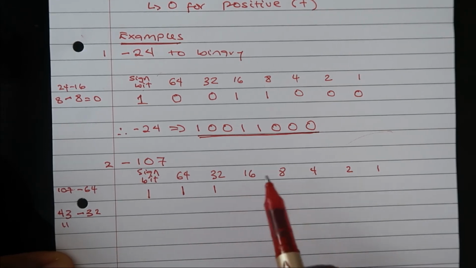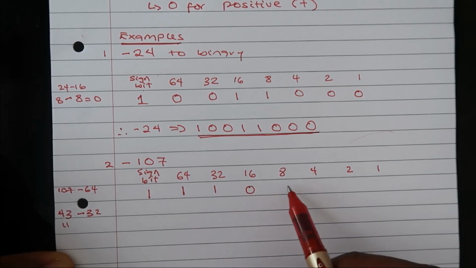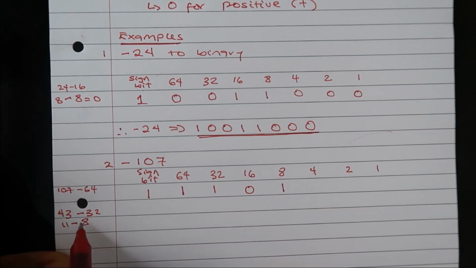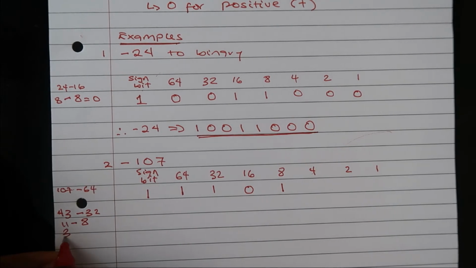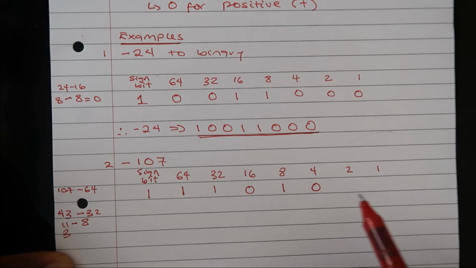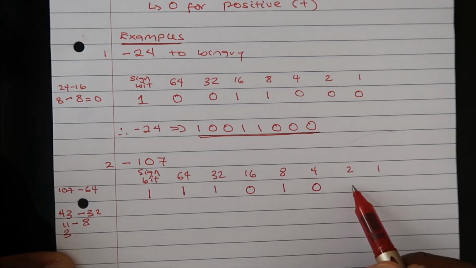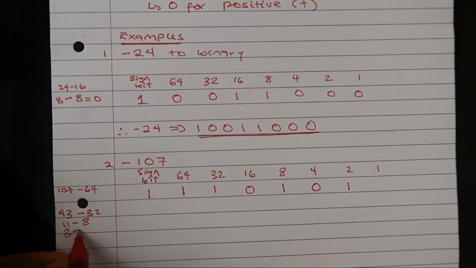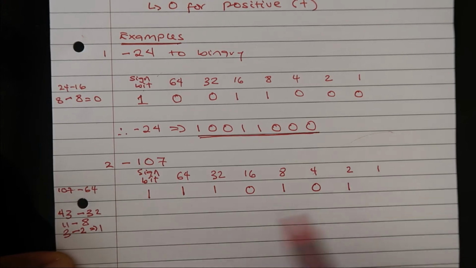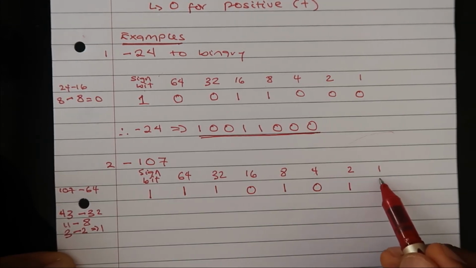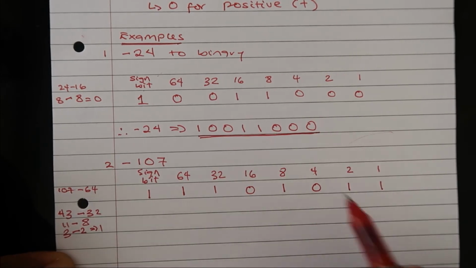11 is smaller than 16. I'll put a 0 there. 11 is bigger than 8. I'll put a 1. I'd say 11 minus 8, which gives me 3. 3 is smaller than 4. I'll put a 0 there. 3 is bigger than 2. So I'll put a 1 there. And I'll say 3 minus 2, which gives me 1. 1 is equal to 1, so I'll put a 1 there. 1 minus 1 gives me 0.